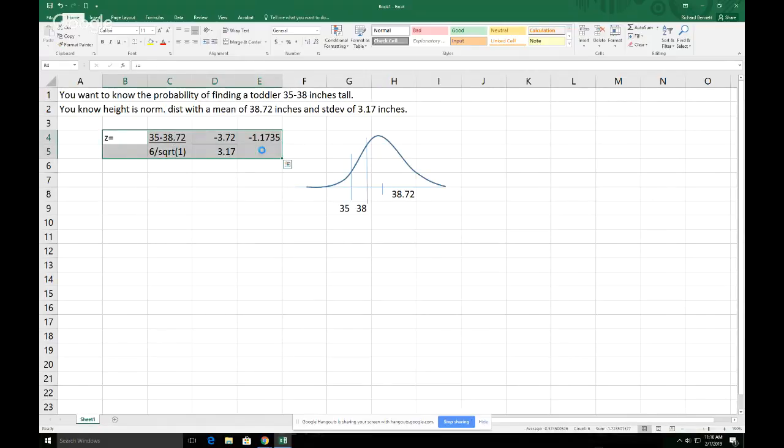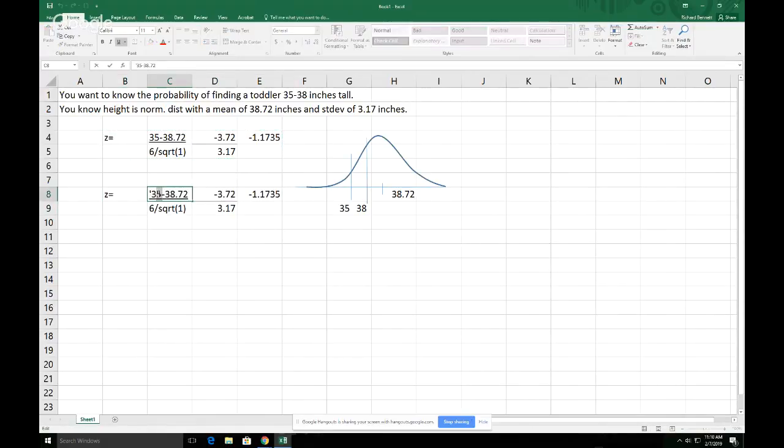Okay, so what we're going to do is copy this, paste it, and change this number to a 38. And I've got those two numbers.